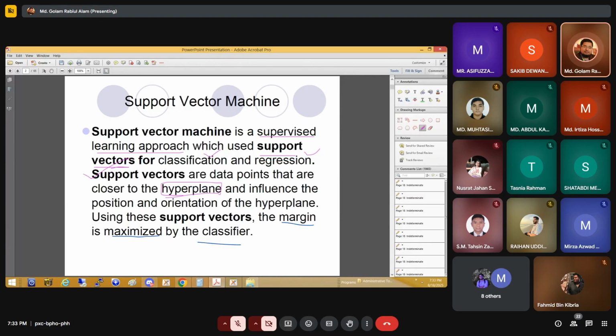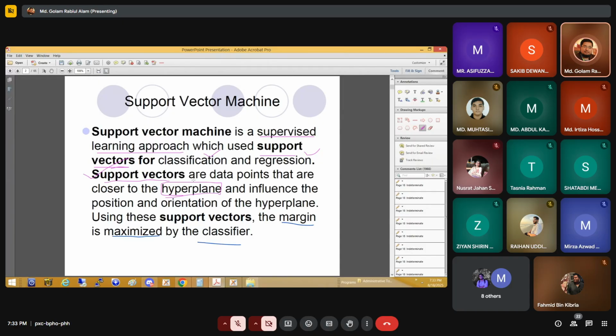So this is another terminology, hyperplane, which we need to understand. That means from our data set, we have to select some of the data points that are closer to the hyperplane. Usually we call those our support vectors.